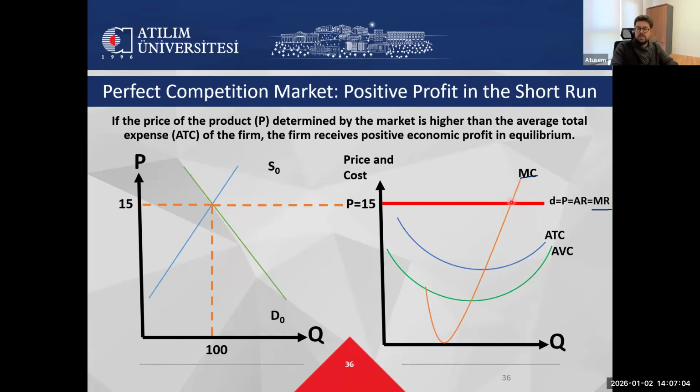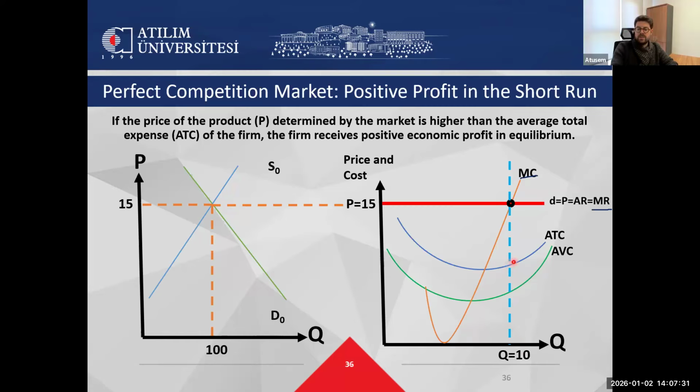That point indicates the intersection of marginal revenue and marginal cost. We determine that point, then draw a direct line. The bottom part shows the quantity. Then we select intersection points to find average total cost and average variable cost.